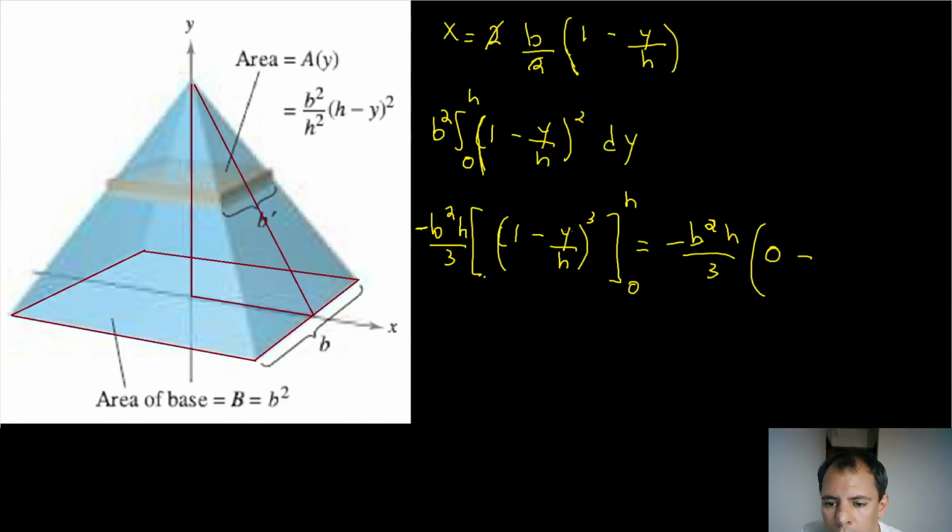If I put a 0 in here, it's going to be 1 minus 0, 1 cubed is 1. So this is minus b squared h divided by 3 times minus 1. So you put a plus in here and you forget this whole thing. What did I say? b squared h divided by 3.